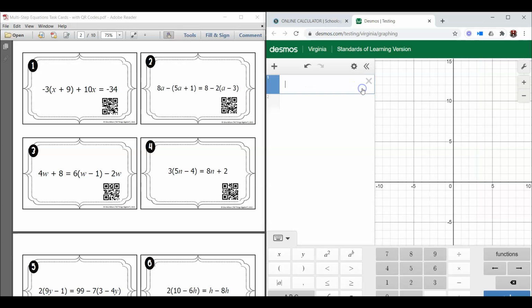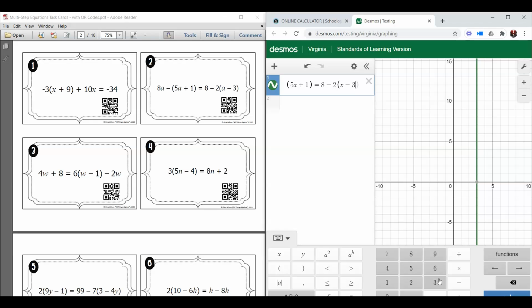Now, you'll notice, well, and I just hit delete, didn't I? So let me type that again real quick. 8x, technical difficulties, minus parentheses, 5x plus 1, equals 8 minus 2 parentheses x minus 3.